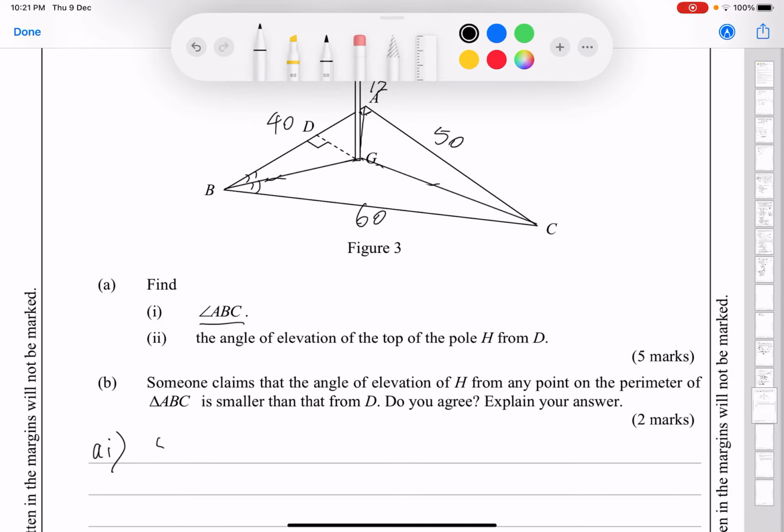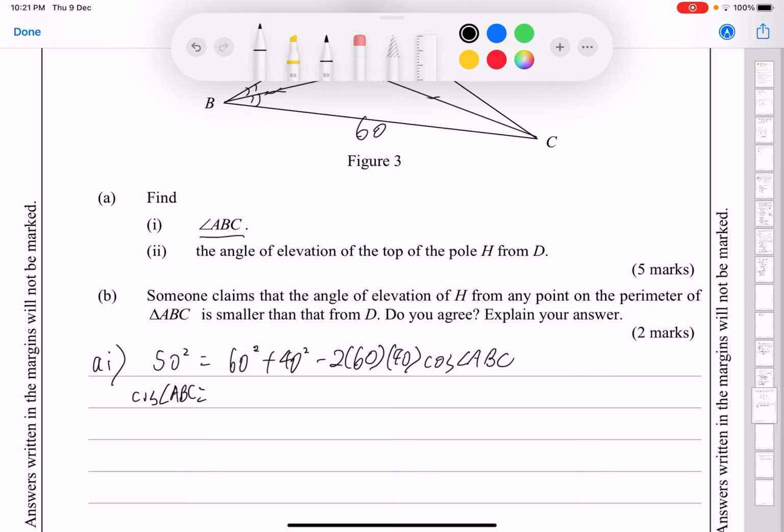Cosine ABC will be, wait a second, let me calculate.